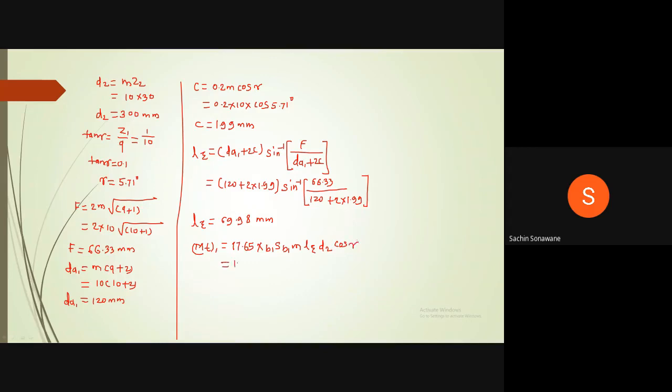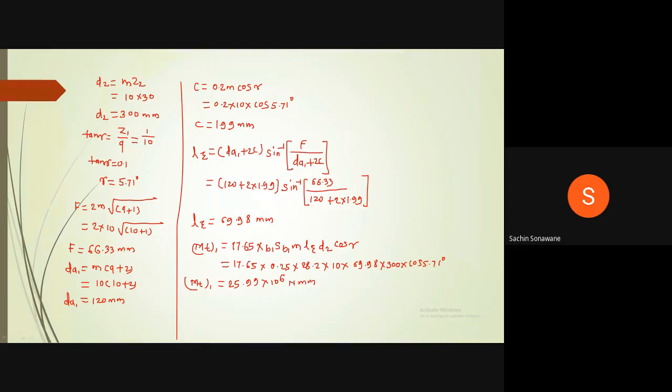Therefore, substitute the values: 17.65 into XB1 0.25 into SB1 28.2 into module M equal to 10 into LR 69.98 into D2, which is 300, into cos of 5.71 degrees. Therefore, MT1 is 25.99 into 10 raised to 6 Newton mm.